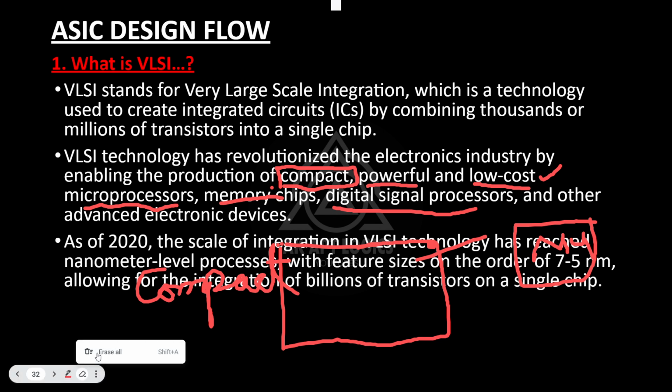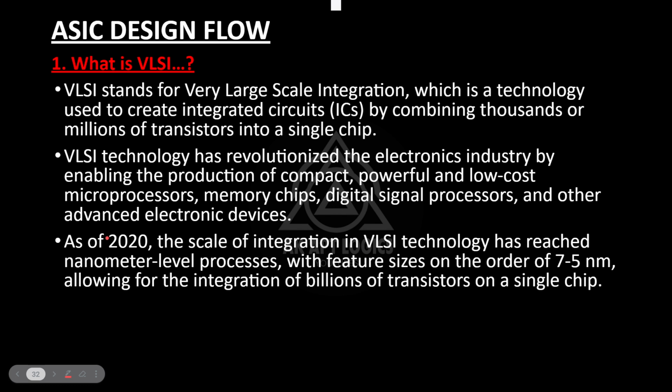So as of now, at the time of 2020, the scale of integration in VLSI has reached nanometer level. Nanometer means 10 power minus 9. It means that much small devices will be there.